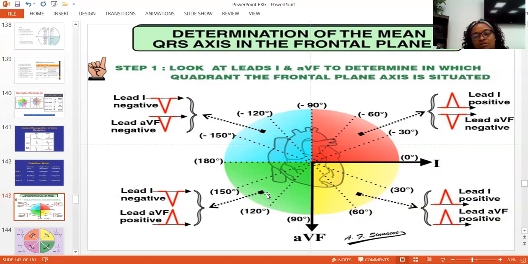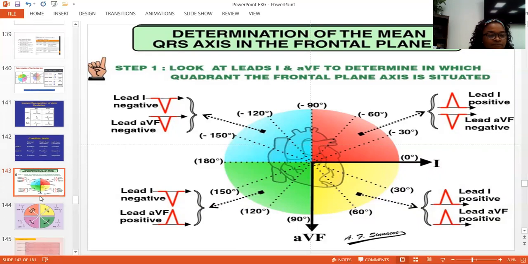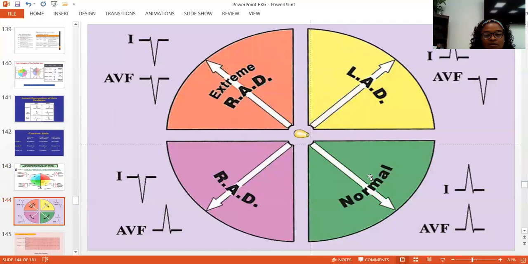And there we are. And then we look up here, lead 1 being negative and AVF being negative, and we see we're now in no man's land. And here again, we have another view. Like I said, whatever speaks to you, roll with it. Lead 1 and AVF, lead 1 and AVF.